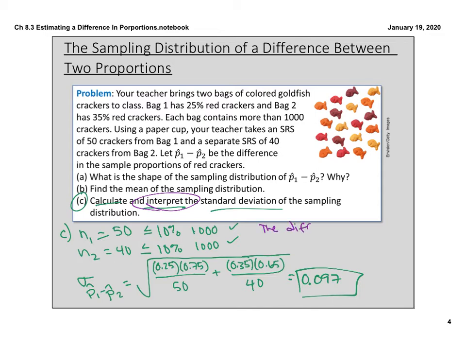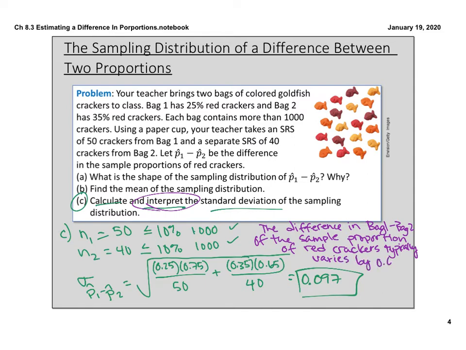The difference in bag 1 minus bag 2 of the sample proportion of red crackers will typically vary by 0.097, with, and then state your mean, mu of p hat 1 minus mu of p hat 2 equaling negative 0.1.